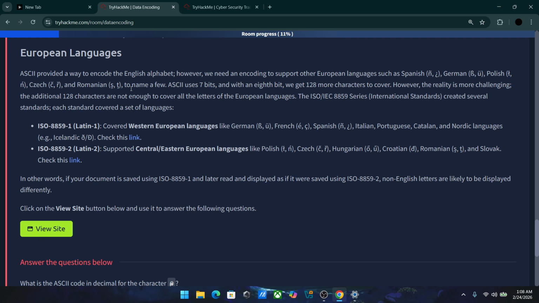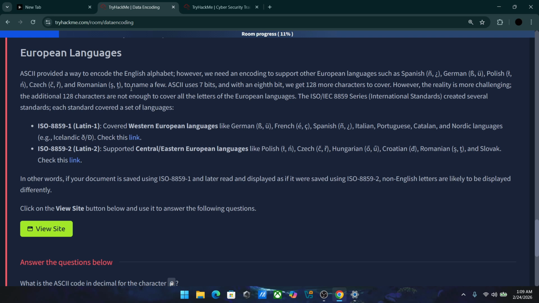The ISO 8859 series international standard created several standards. Each standard covered a set of languages. ISO 8859 Latin 1 covered Western European languages like German, French, Spanish, Italian, Portuguese, Catalan, and Nordic languages, for example Icelandic.